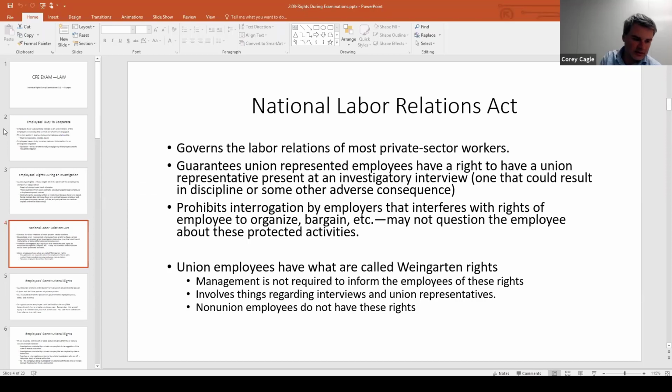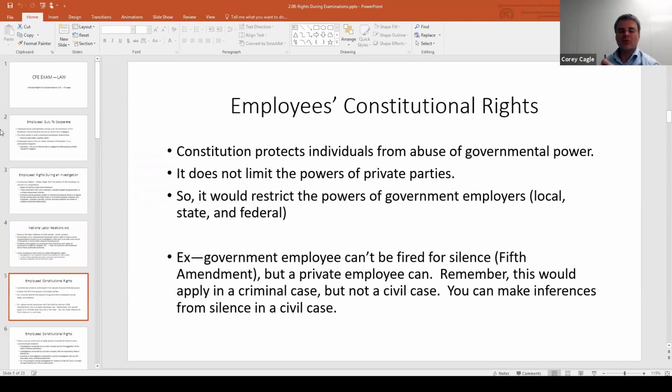So anyway, employees have constitutional rights in certain circumstances. We've mentioned before, the Constitution protects individuals from the abuse of government power. So constitutional rights would not limit the power of private parties, obviously, but they would restrict the power of government employers, local, state, federal, whatever. For example, a government employee cannot be fired for silence, Fifth Amendment.